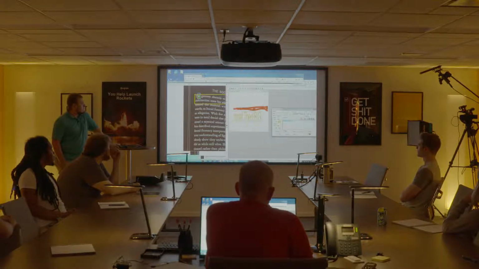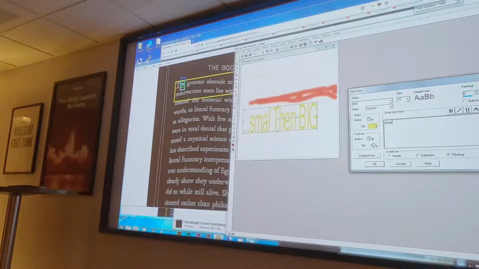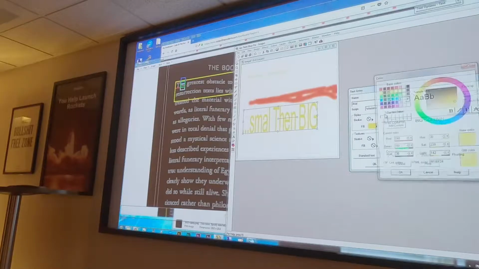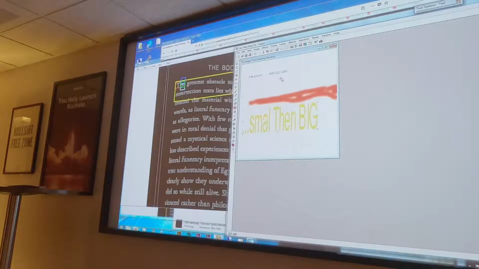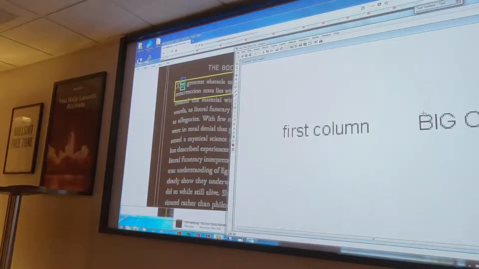So if you've got two columns of text, your algorithm would hit here first because it's the topmost.